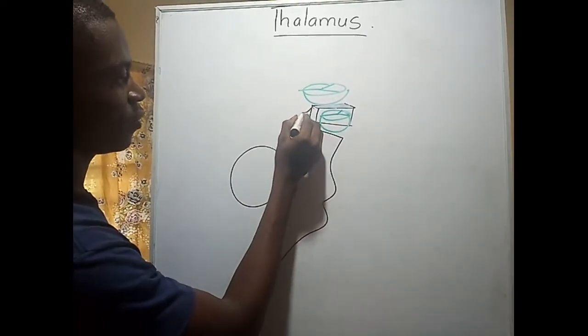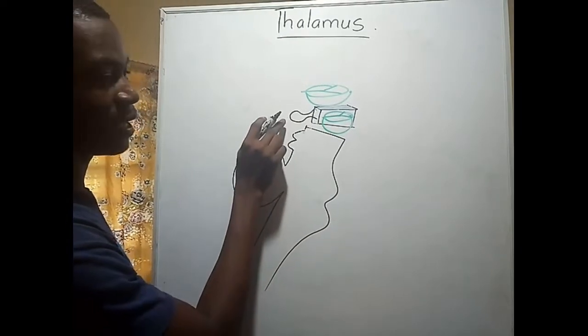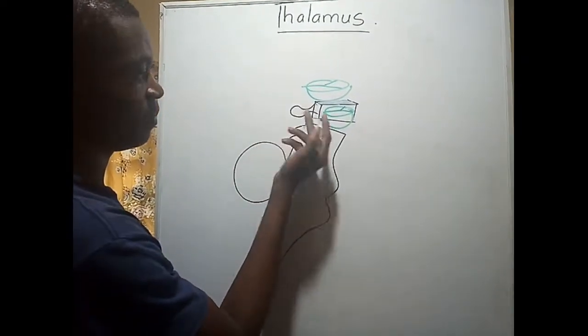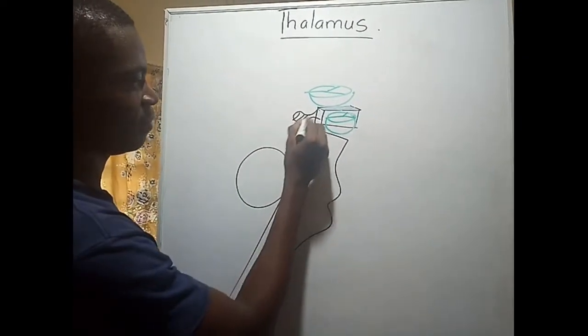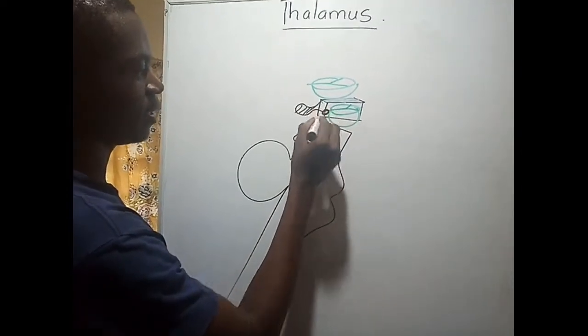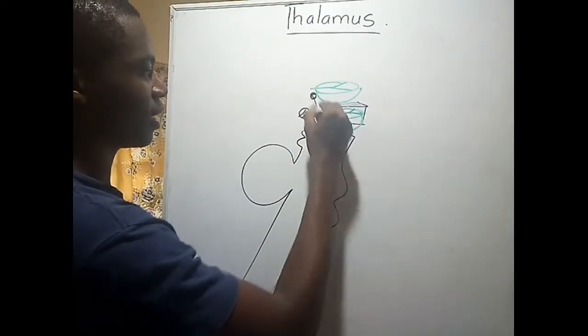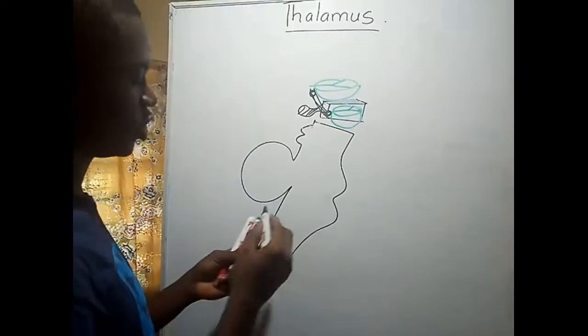Now, just posterior to the roof of the third ventricle, we have a structure here. This is the pineal gland, or the pineal body, as we may call it. And then on this side, you have the habenular nuclei that are connected by the habenular commissure.